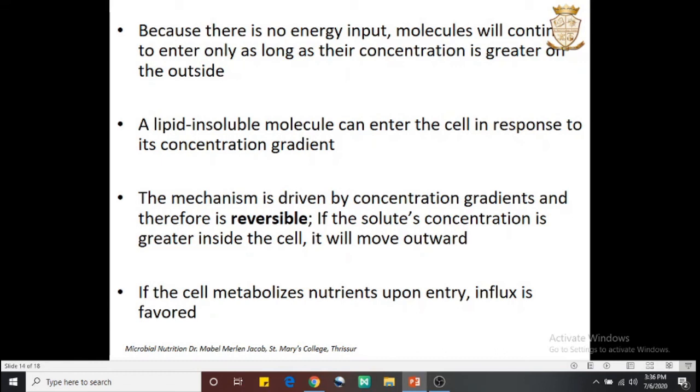The mechanism is driven by concentration gradients and is reversible. If the solute's concentration is greater inside the cell, it can move outward through the same method. If the cell metabolizes nutrients upon entry, influx continues. If the cell removes the nutrients, the gradient is maintained and influx is favored.